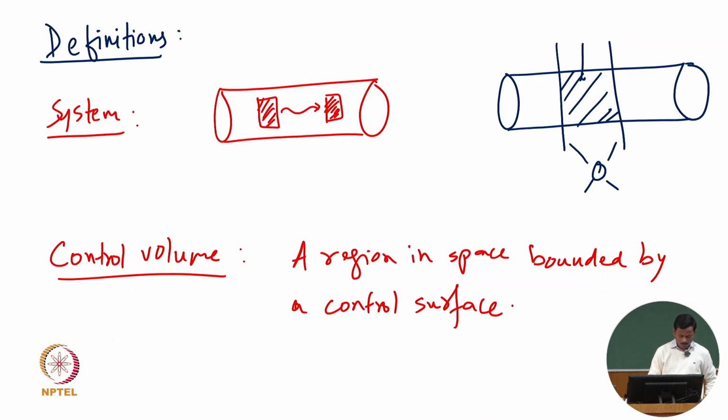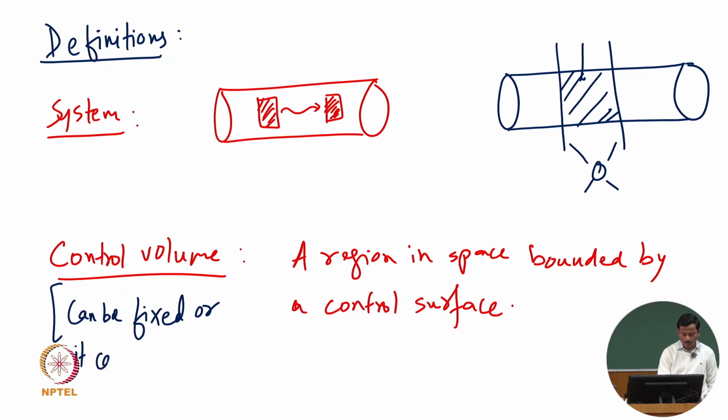So the control volume can be fixed, or it can be moving. Okay, so it does not have to be always stationary. For example, the whole aeroplane can be your control volume, if you want to look at some dynamics of the flows around the aeroplane.